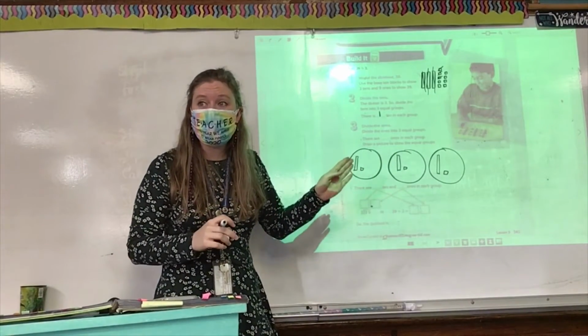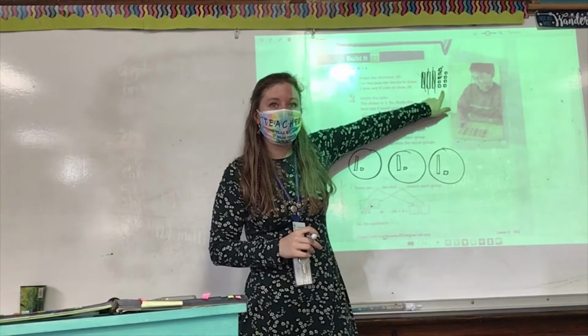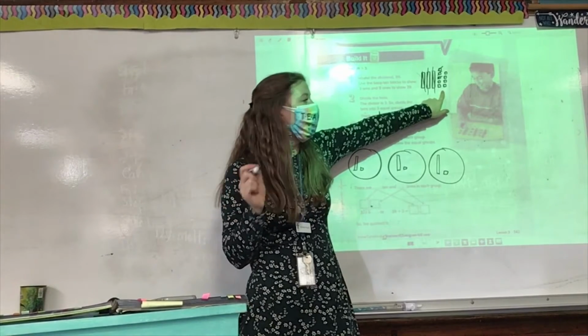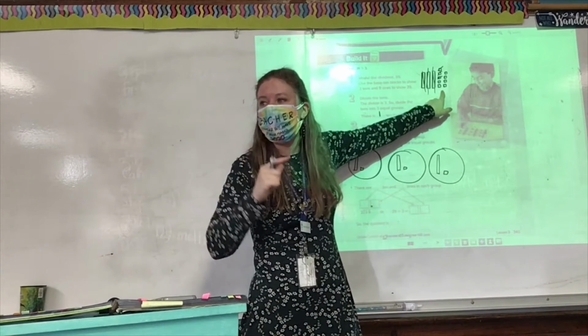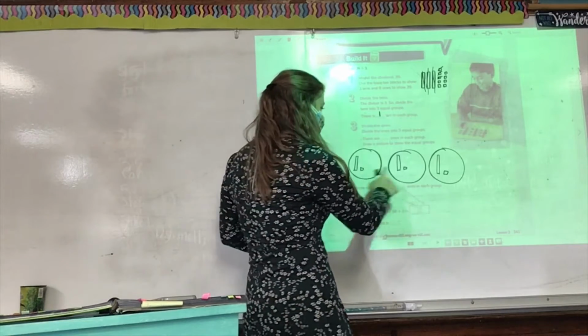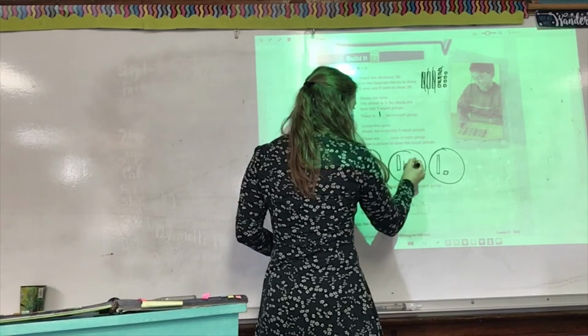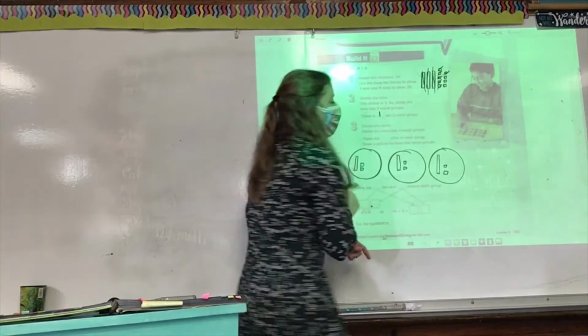I'm going to make sure I can do it evenly. Do I have at least 3 ones left? Class, do I have at least 3 ones left? Yeah. So I can definitely go around at least one more time. So 1, 2, 3, 4, 5, 6. Okay?